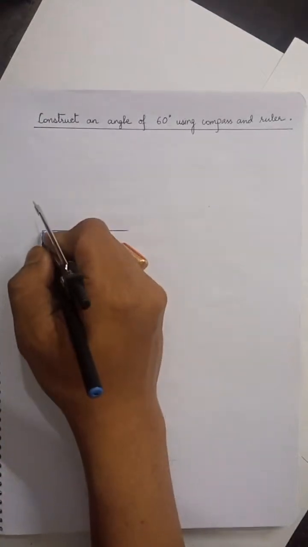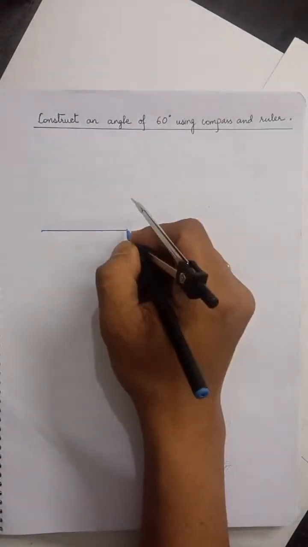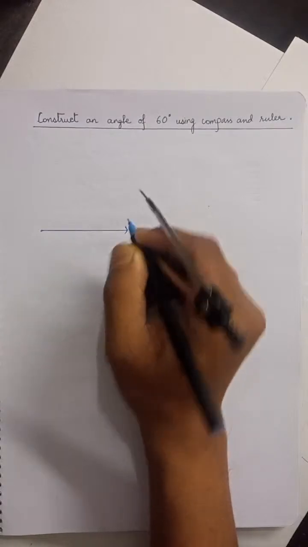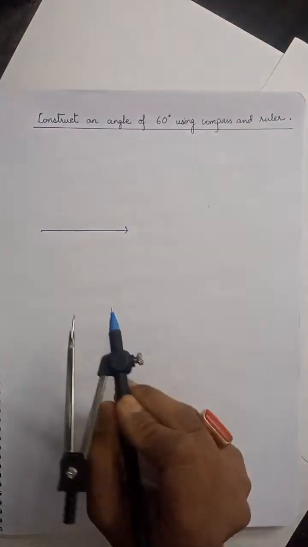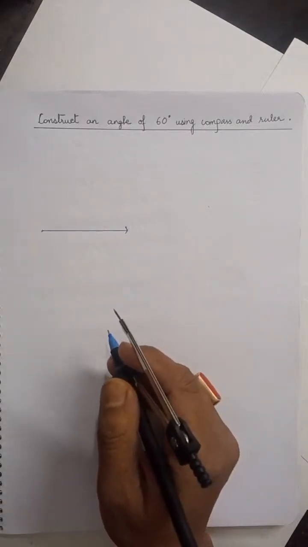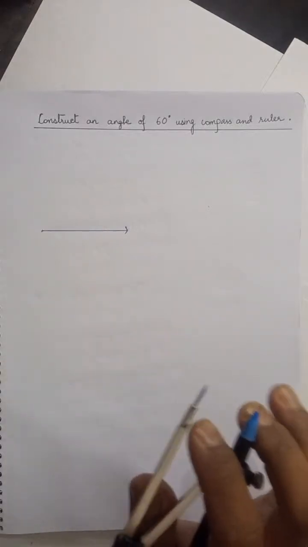A ray has one endpoint, so we'll mark the endpoint, and on the other side it moves endlessly, so we will denote it by using an arrow. We can name it, or the naming part I will do later. First let's construct it.